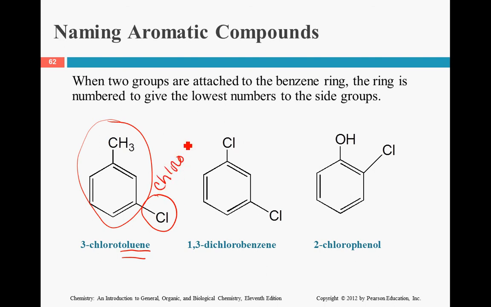Cl is chlorine, so it becomes chloro. Start counting at where the substituent is. Now, ordinarily you want to count from the alphabetical order one. However, since this is the common one and it's including the CH3, we're going to start counting there. That means it's on the third carbon, a chlorine of toluene.